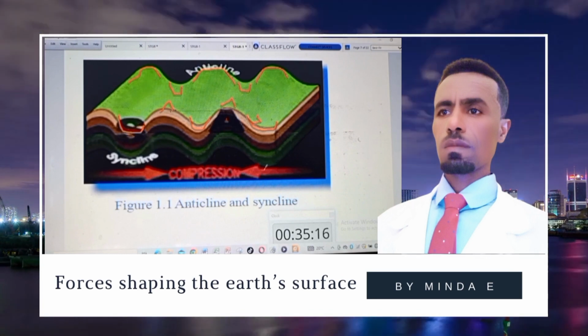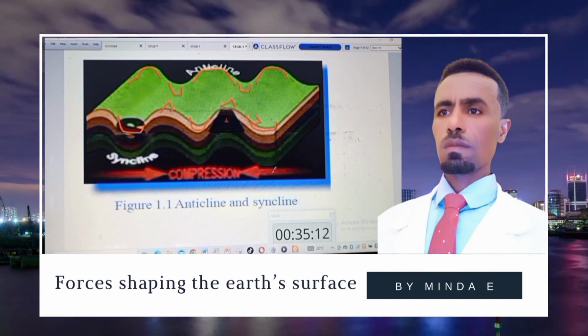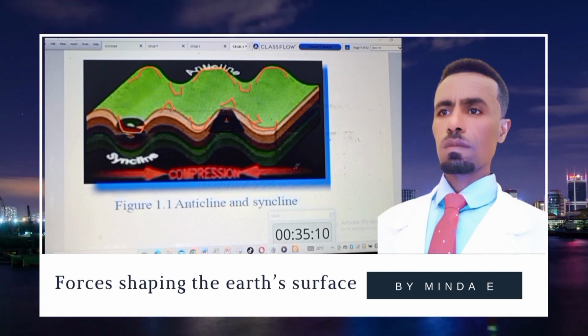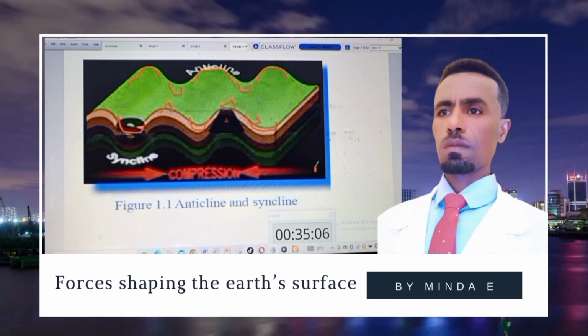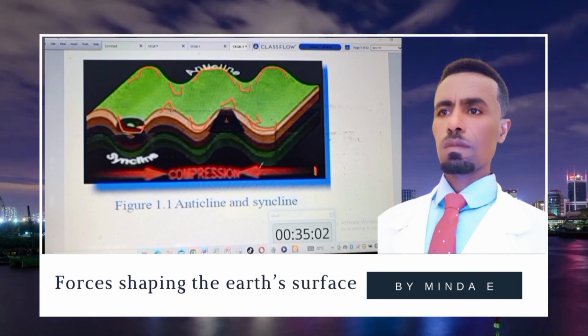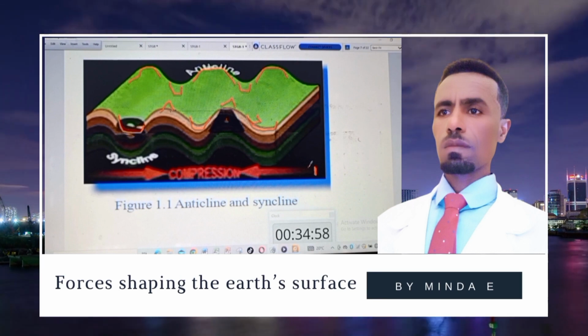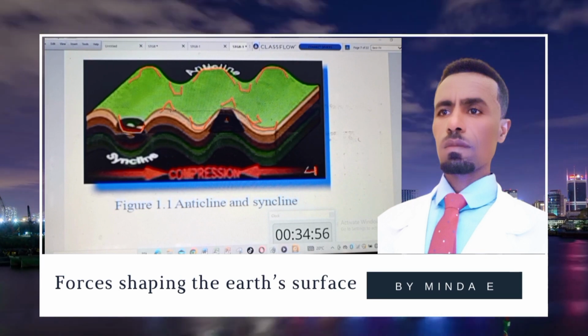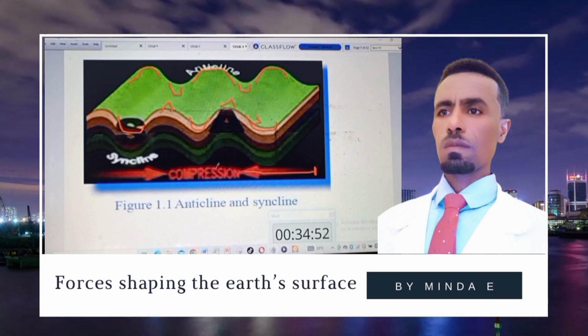And you can also understand one thing from this figure. Here is an arrow which indicates the direction of force. Here is a force which runs towards the center.